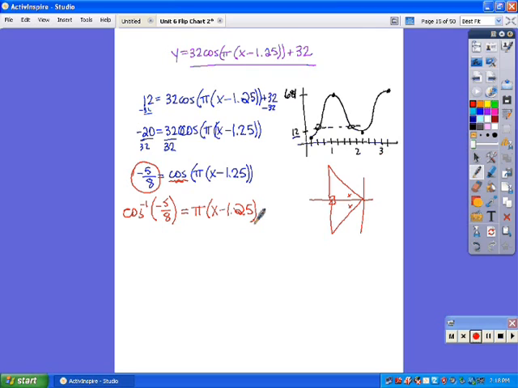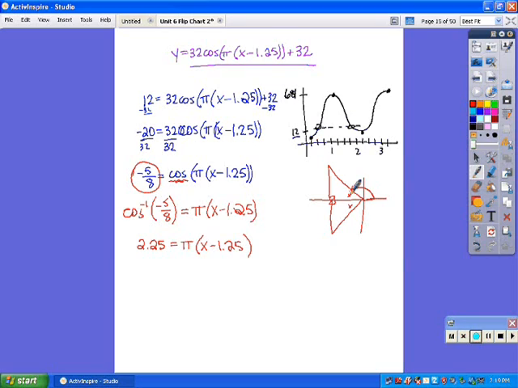If I do the inverse cosine of negative 5/8, I get 2.25 equals pi x minus 1.25. Now think about that, 2.25 radians is where on the unit circle? That's the answer in the second quadrant. 2.25 is the distance from 0.